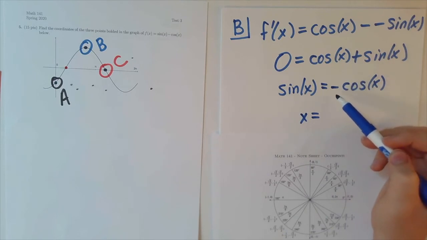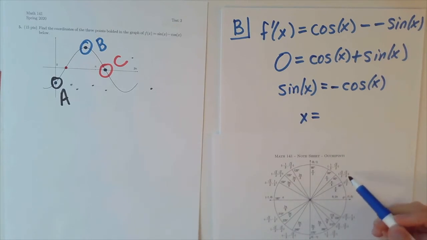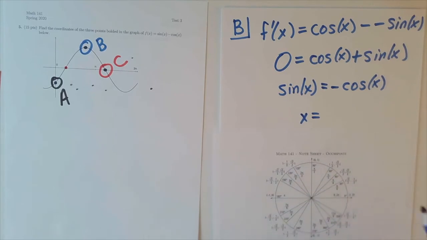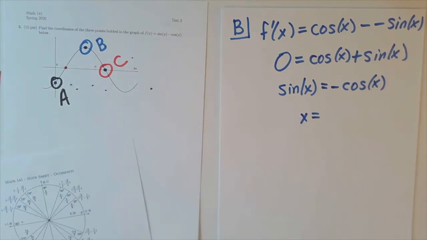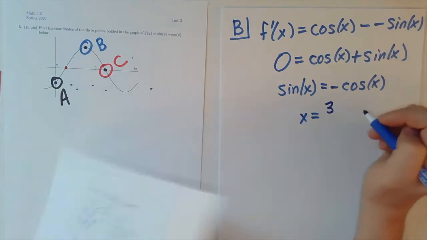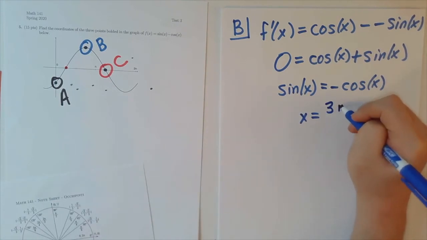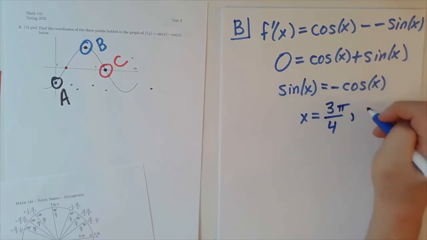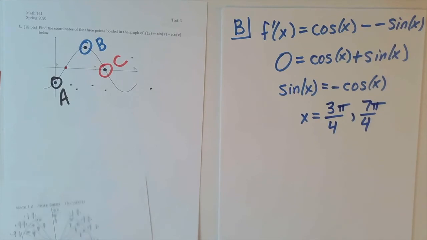That is, one is positive and one is negative, and it works either way. So that would be here, there's 1, and here, there's 1. Namely, if you pull out your unit circle to play along, because I'm sure you cannot really read this, no matter how quality the video is. So x is 3 pi over 4, and x is 7 pi over 4. Those are the two places where the derivative is 0.